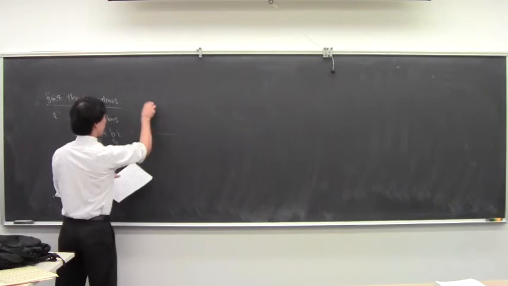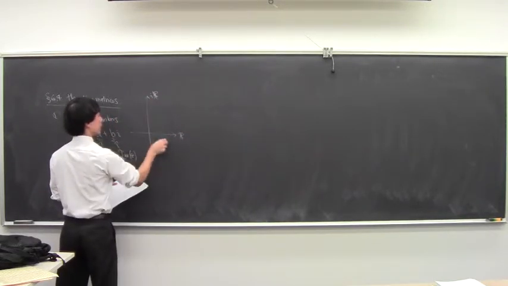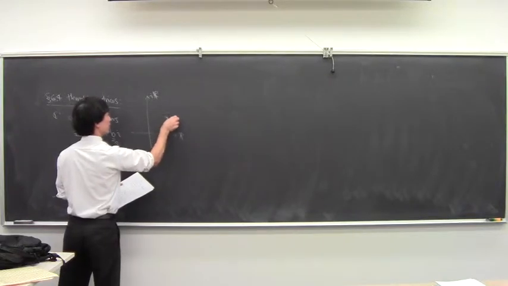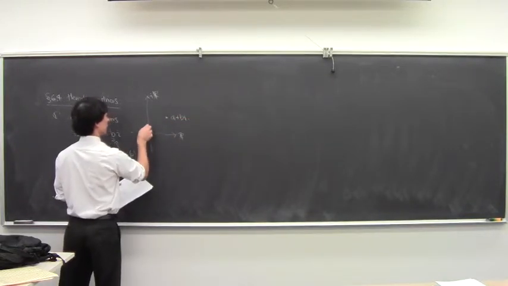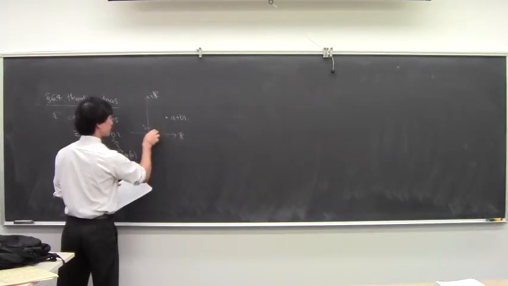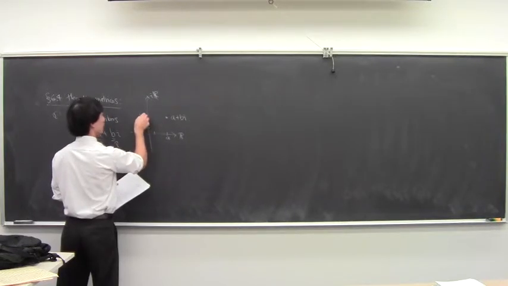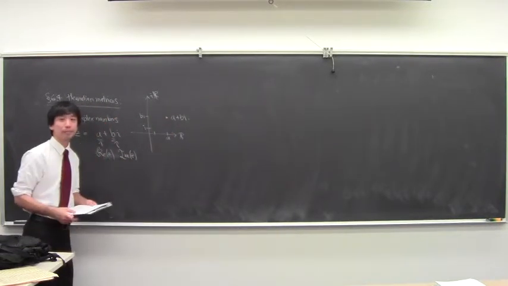And you have a graph: here's the real axis, here's the imaginary axis. a plus bi. Here is i. So you have a here, and then bi here, a plus bi.